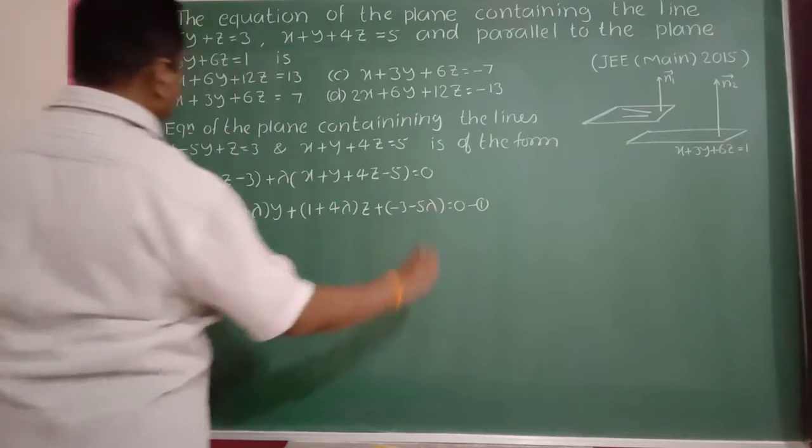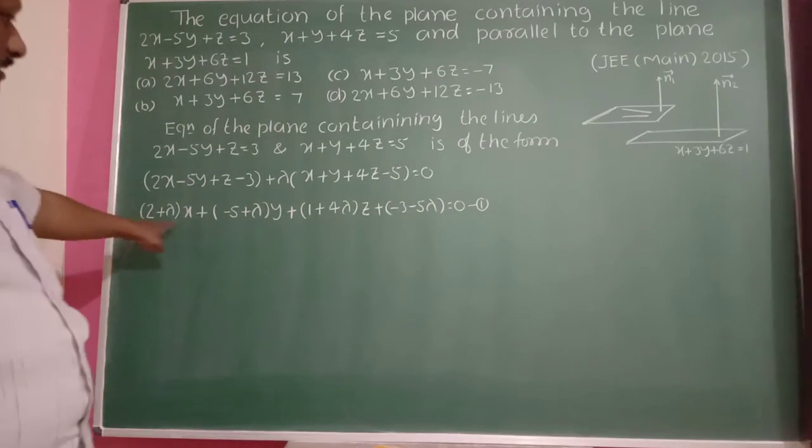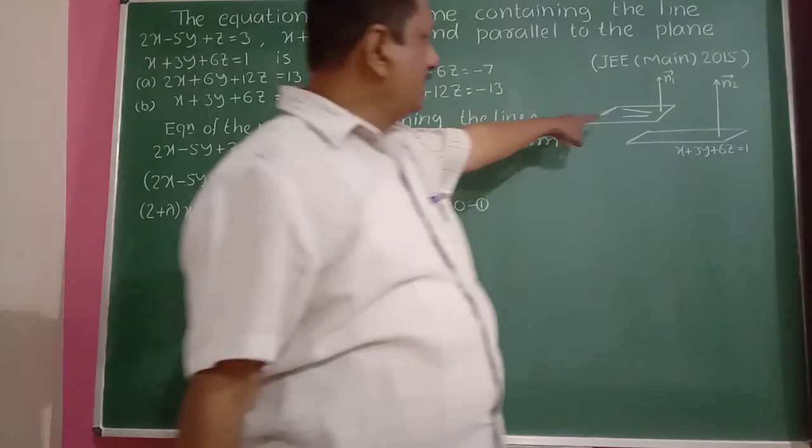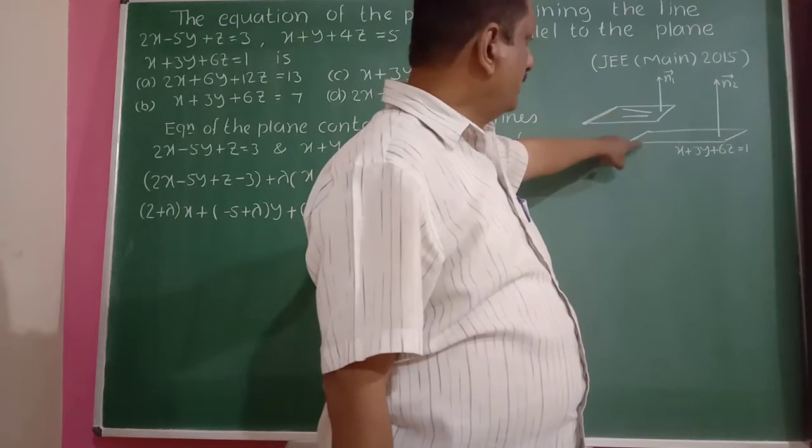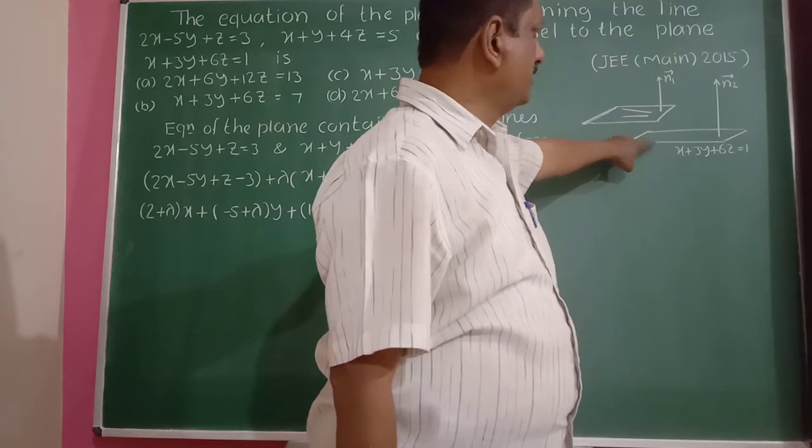Take this one as equation number 1. So this is the equation of the plane containing these lines, and this plane is parallel to this plane here.